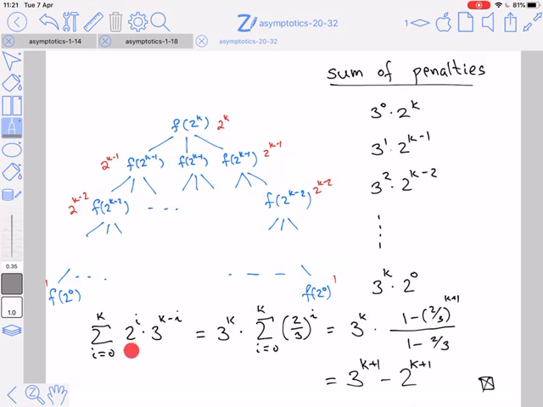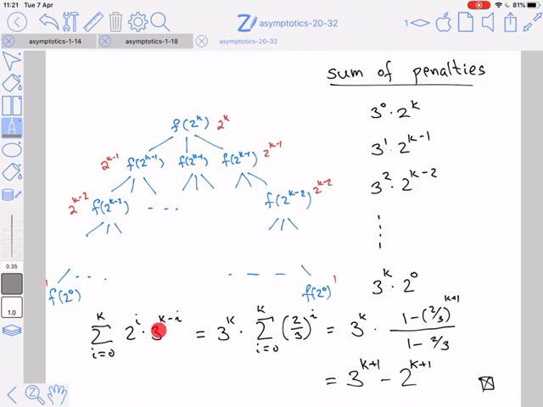The sum of these penalties is written like this. It's the sum from i goes from 0 to k of 2 to the power of i times 3 to the power of k minus i. You notice that the exponents here have a constant sum. It is k.